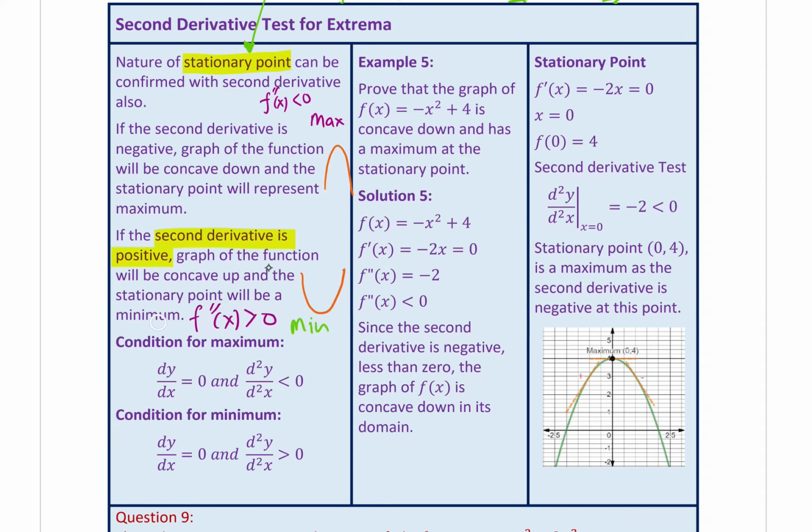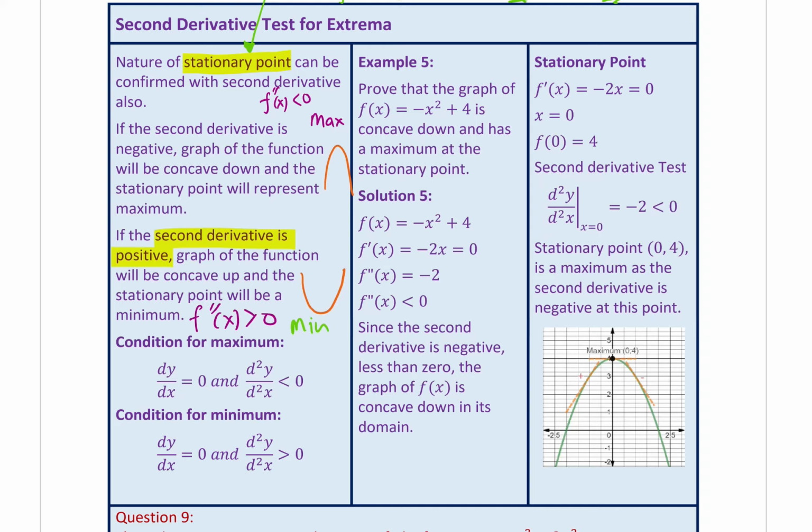So the conditions can be summarized as given here for a stationary point. Stationary point means the derivative is equal to 0, and the second derivative, if it is less than 0, we know it is a maximum. Now for a stationary point, if the second derivative is greater than 0, then we have a minimum. Perfect. So let's take an example just to verify.